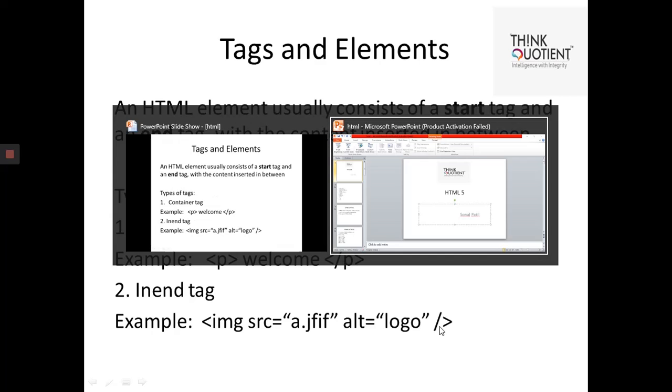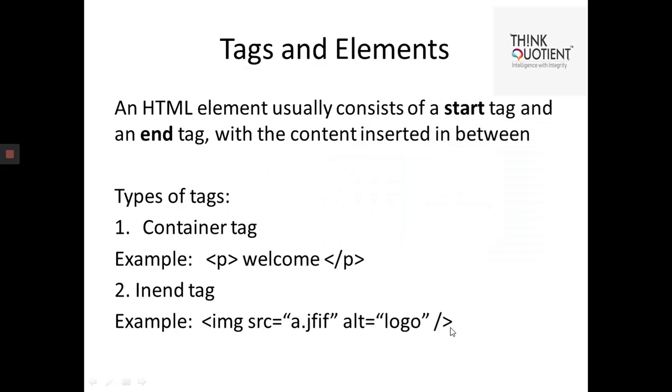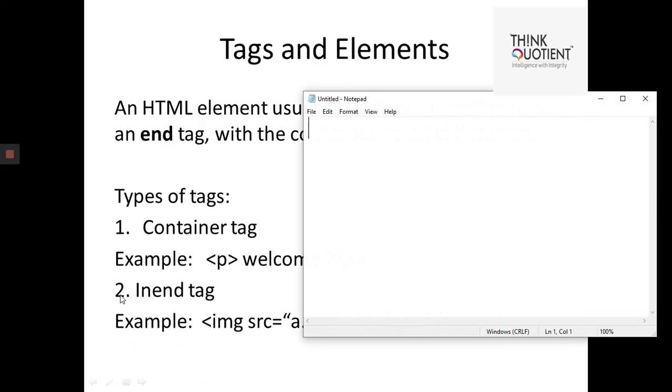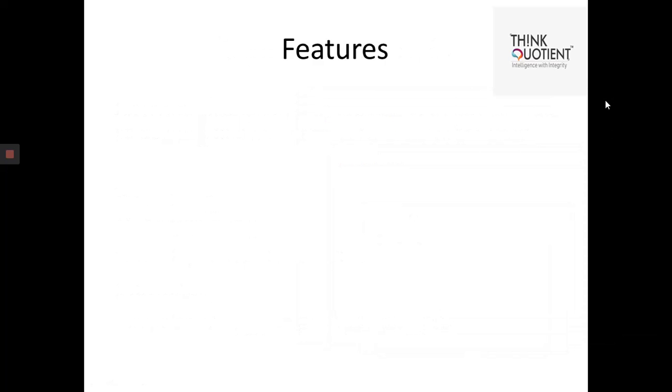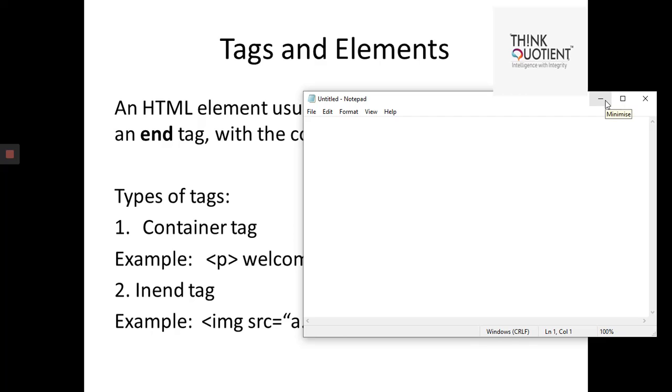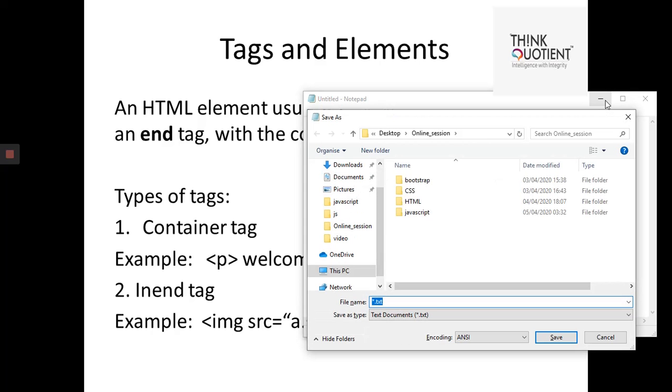I'll move back into my page and open Notepad, because I'm going to write my code inside Notepad and start with my HTML document. The very first thing is, whenever you want to start your HTML document, you have to save the file with the extension .htm or .html.